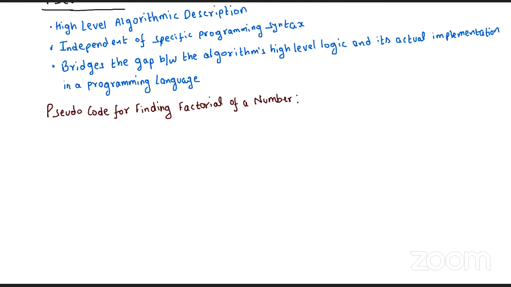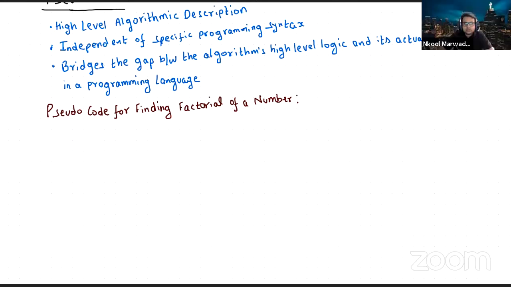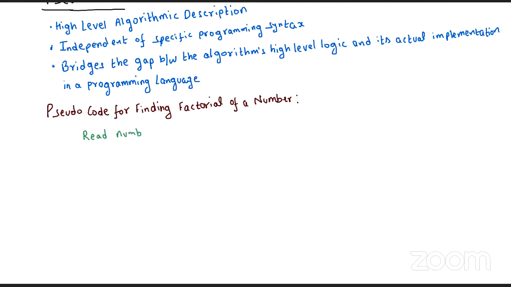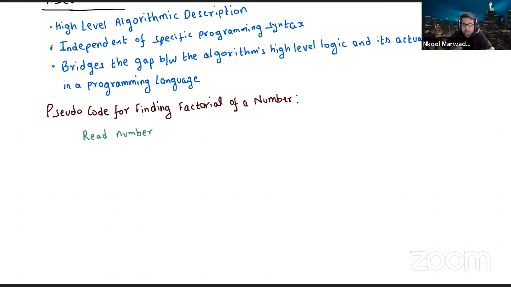So the first step is read number. In pseudocode, there is no need for writing start, stop, and all that. We just say read number, and it's understandable.